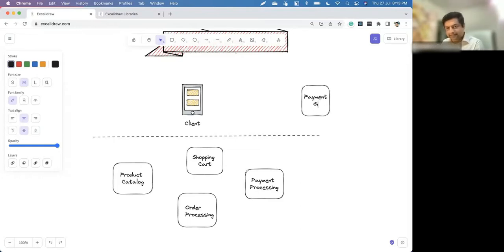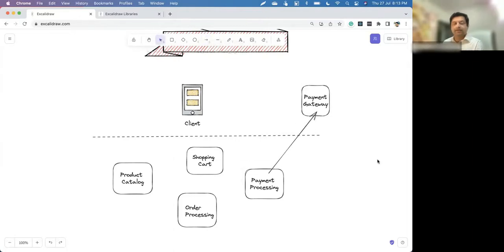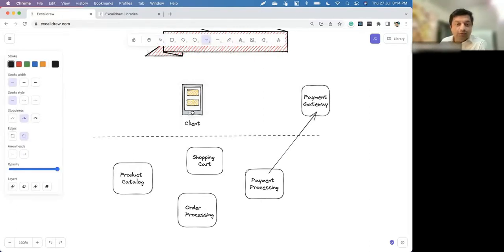We already discussed the design of the payment gateway in a separate session, right? And there may be many more services. So clients will be connecting to these microservices. When they have to search for products, maybe they will be calling the product catalog service.